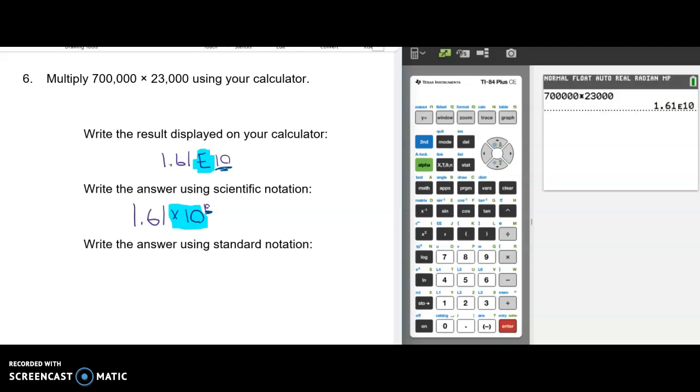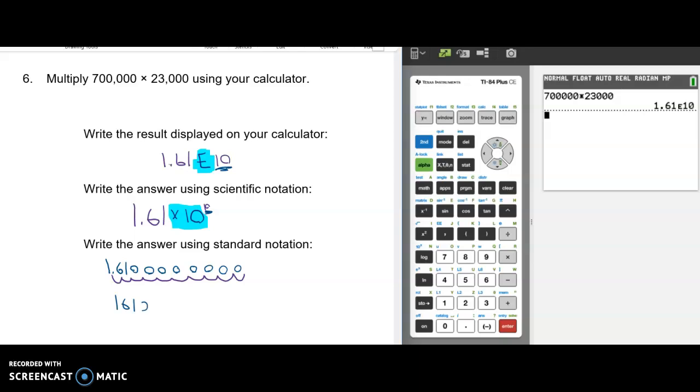So I'm going to take my 1.61, and it's a positive exponent, so that means I'm making a bigger number. I'm going to move to the right. I'm going to say 1, 2, 3, 4, 5, 6, 7, 8, 9, 10. 10 bumps there to the right, and we'll fill those spots in with zeros. Then I'm going to rewrite the number.